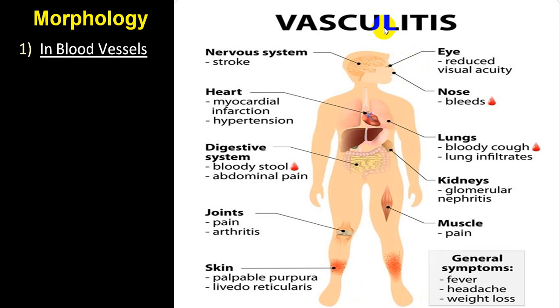And secondary to vasculitis, you get involvement of CNS like stroke, myocardial infarction, hypertension, bleeding in stool, abdominal pain, joint pain meaning arthralgia and arthritis, rash, livedo reticularis, eye, you can get involvement of retina, nasal bleeding like epistaxis, hemoptysis, involvement of the lung, glomerulonephritis, muscle involvement, and general symptoms like fever, headache, and weight loss.